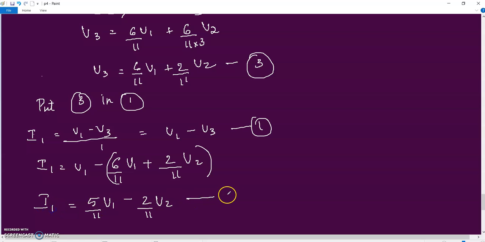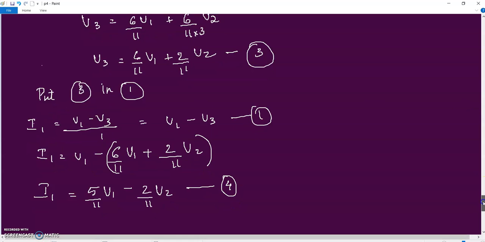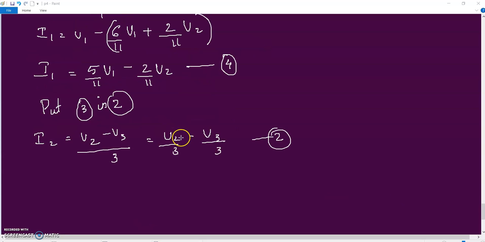Let this be equation number 4. And now we can put 3 in 2. So we can put V3 in this equation. That is, I2 is equal to V2 by 3 minus 1 by 3 into (6 by 11 V1 plus 2 by 11 V2).